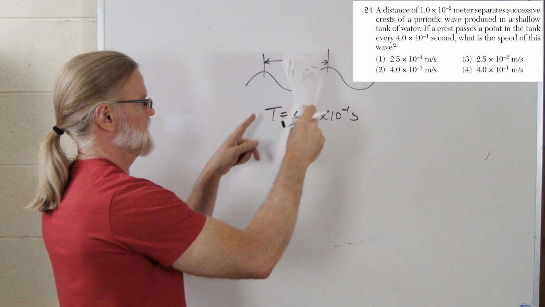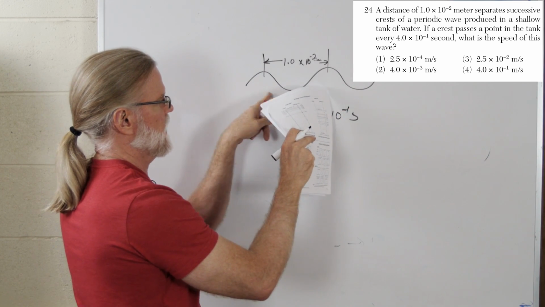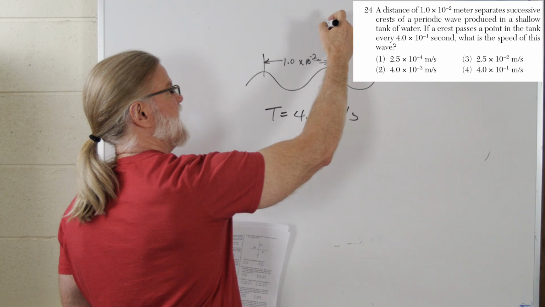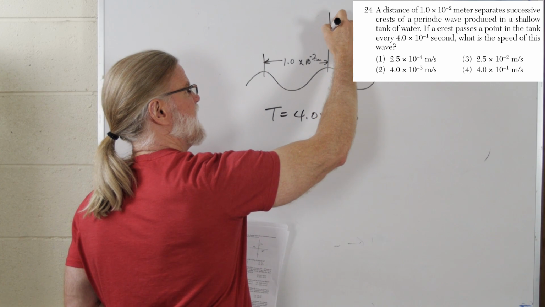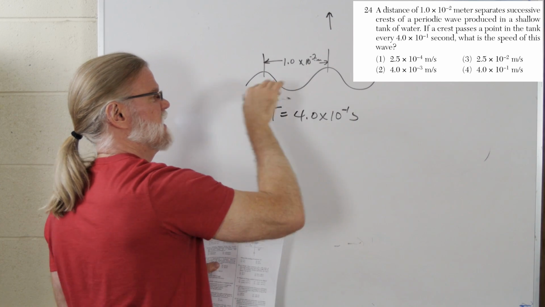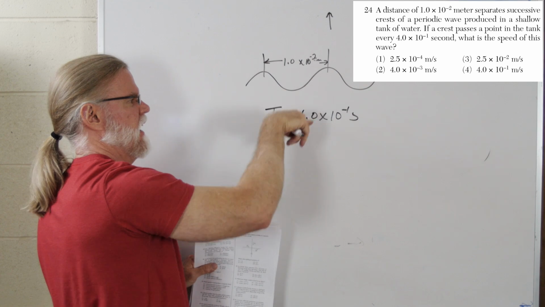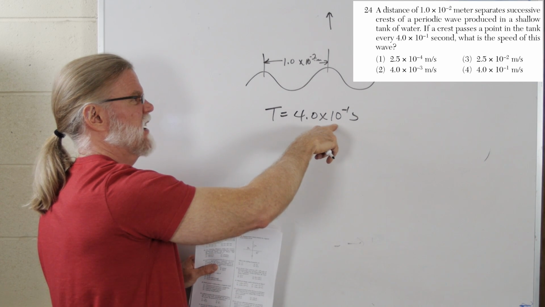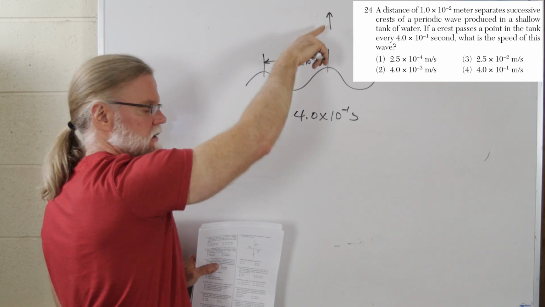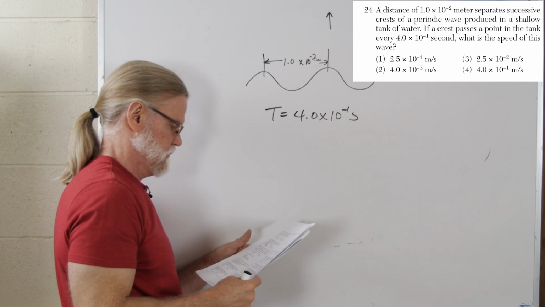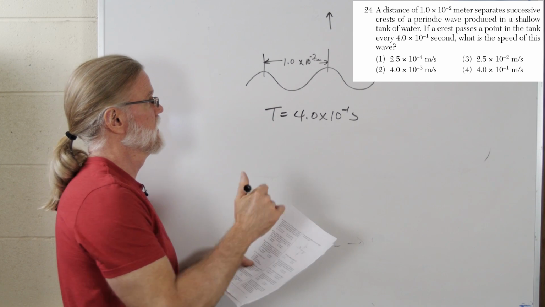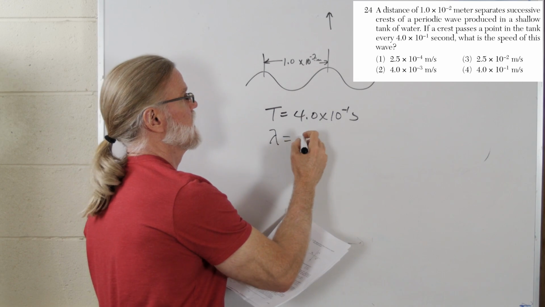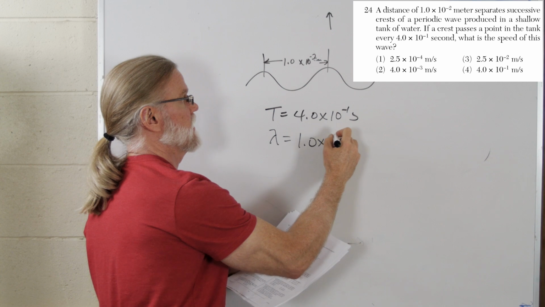So every crest, like here's a point right there, goes by every 4 times 10 to the minus 1 second. That's a period. This, of course, is a wavelength. Wavelength, 1 point, is a centimeter.